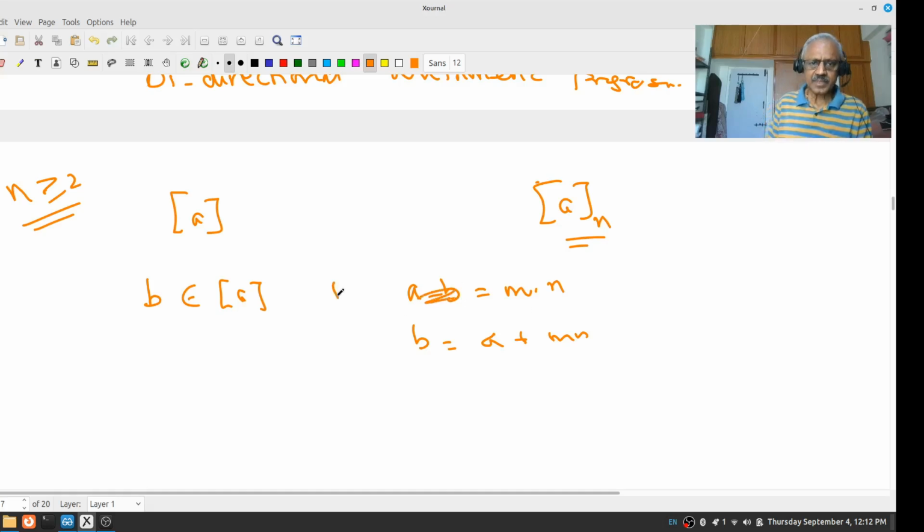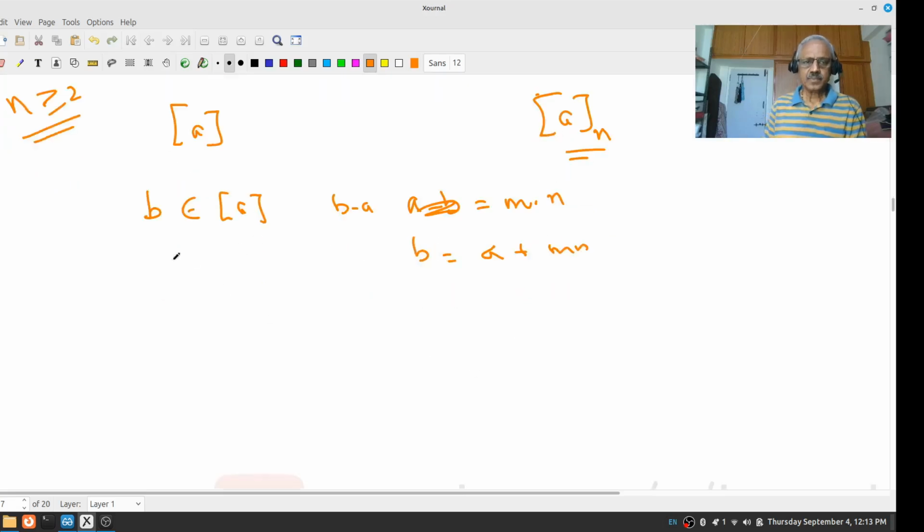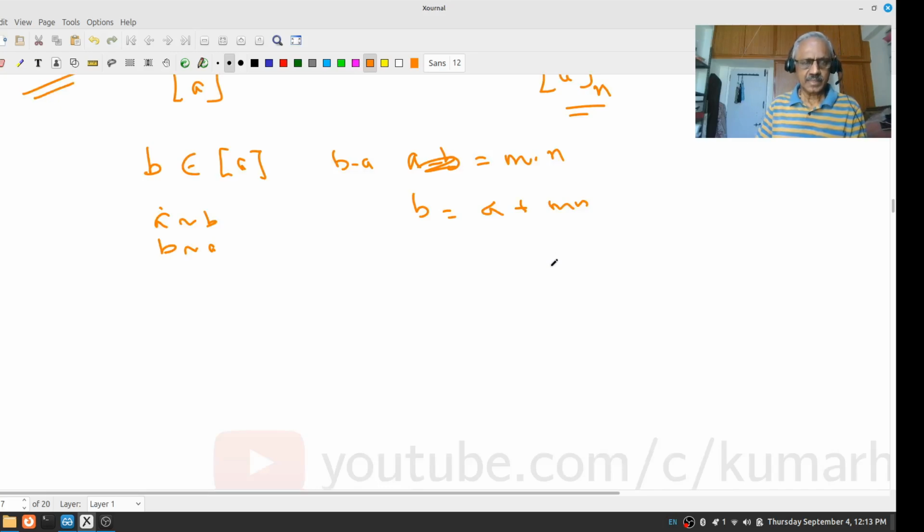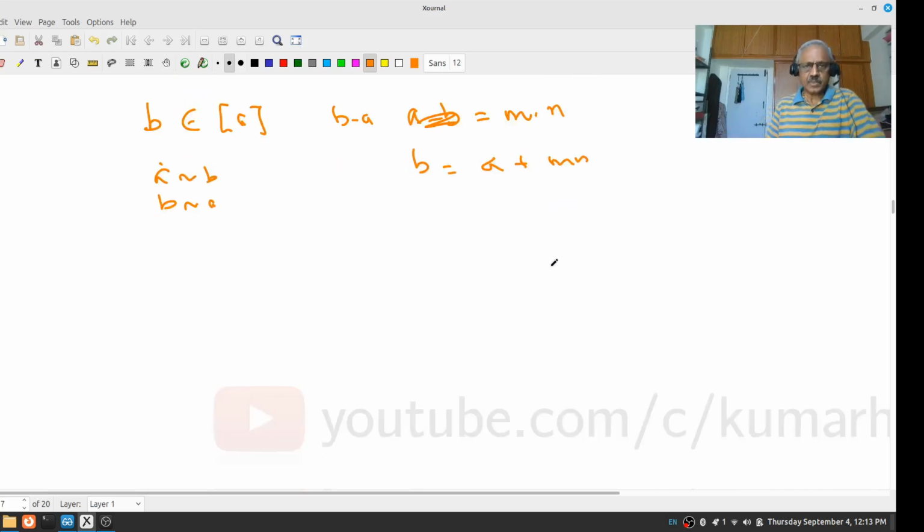Maybe write it b minus a, then b equals a plus mn. Are you comfortable? Because b in this class means a and b are related, which is the same as b and a being related. That means b minus a must be a multiple of n. So b equals a plus mn. You follow that? We will use it often.